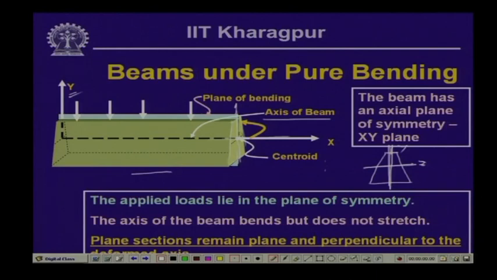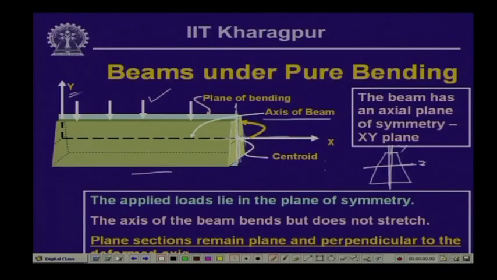Also, if we pass a plane along the y axis, along this particular plane the load acts, and the bending in the beam also occurs in this vertical plane. So, here we assume that the section is symmetrical with respect to this vertical plane, the plane of bending is this particular plane, and in this plane the load acts.